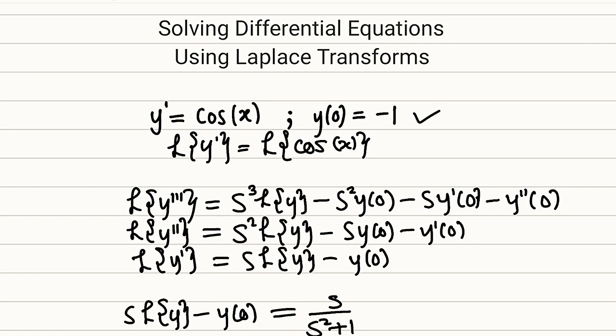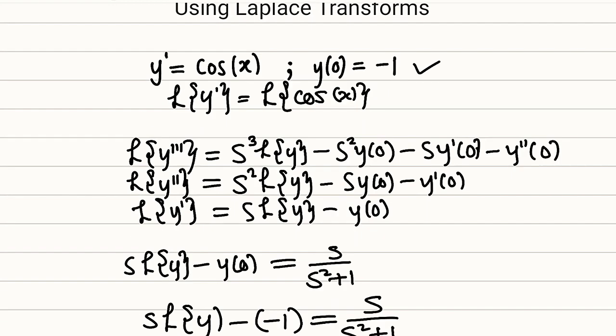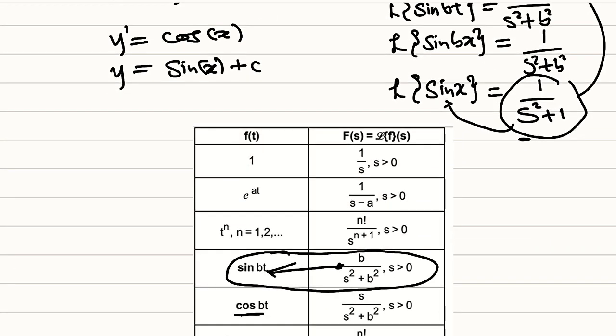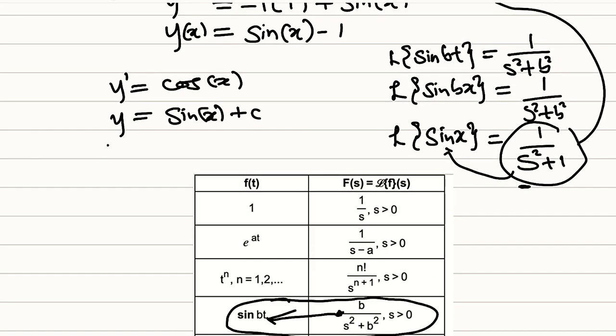So we are going to substitute the value of x equal to 0 and y equal to -1. This is -1 equals sine 0 plus c. -1 is equal to 0 plus c, therefore c is equal to -1. Sine of 0, remember, is 0.